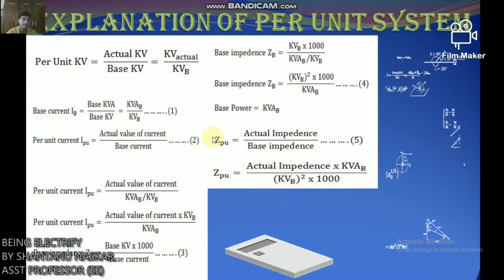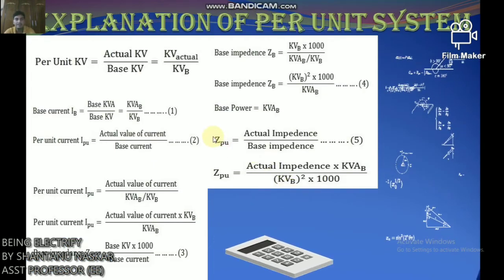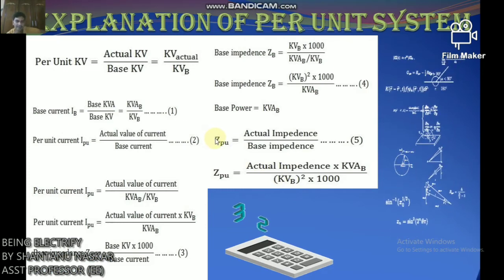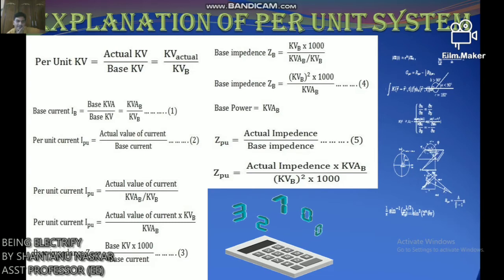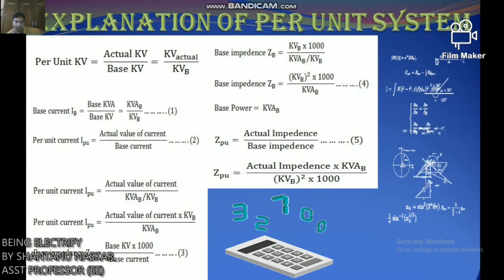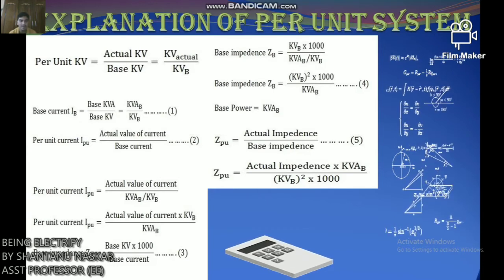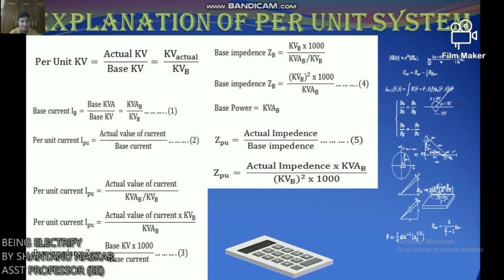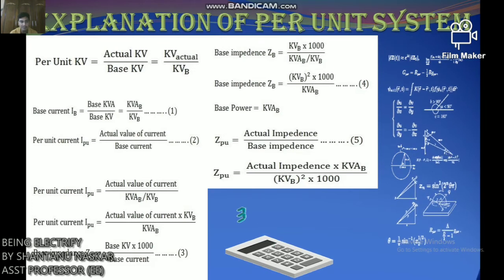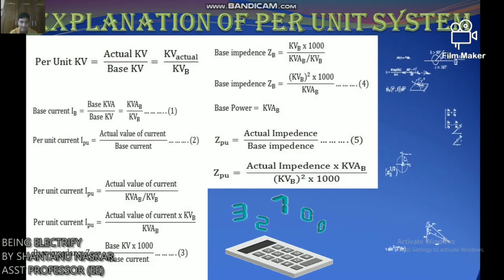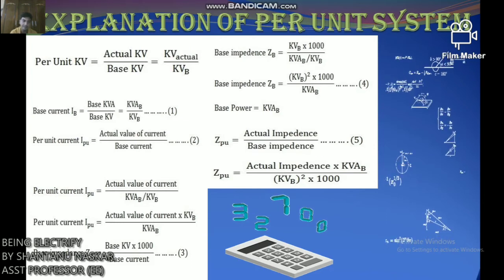So now I will discuss some advantages of the per unit system. There are two advantages of using the per unit system. The parameters of rotating electrical machines and transformers lie roughly in the same range of numerical values irrespective of their rating, if expressed in a per unit system of rating.